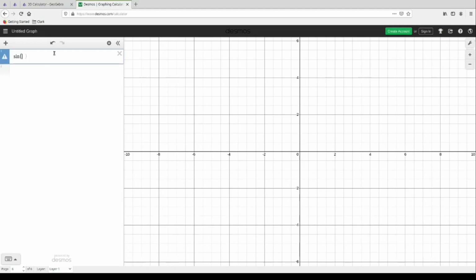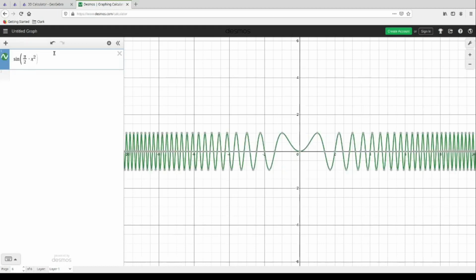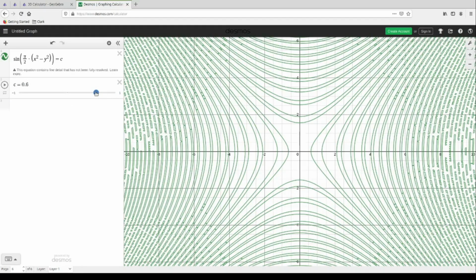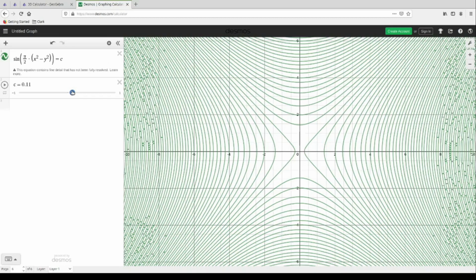If we do sine of pi over 2 times x squared minus y squared equals c, and we'll go from -1 to 1 because that's the range of this function, you can see a clear plot of the level curves of this function.